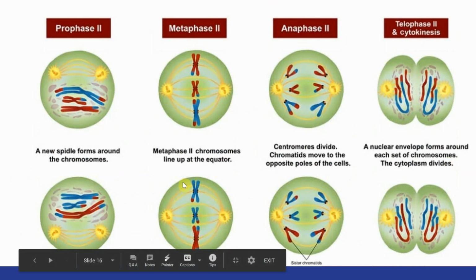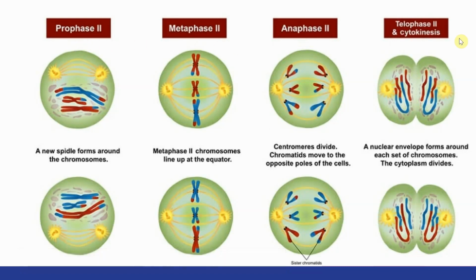Again, if we remember, Meiosis II, this is happening in 2 cells at once. So you need to keep in mind that 2 different cells are doing these phases of Meiosis II at the same time. So prophase II looks almost the same as prophase from mitosis. It actually does look the same. We're going to have our nucleus disappear as before. Metaphase II, we have our double-stranded chromosomes lining up in the middle of the cell in a single file line.